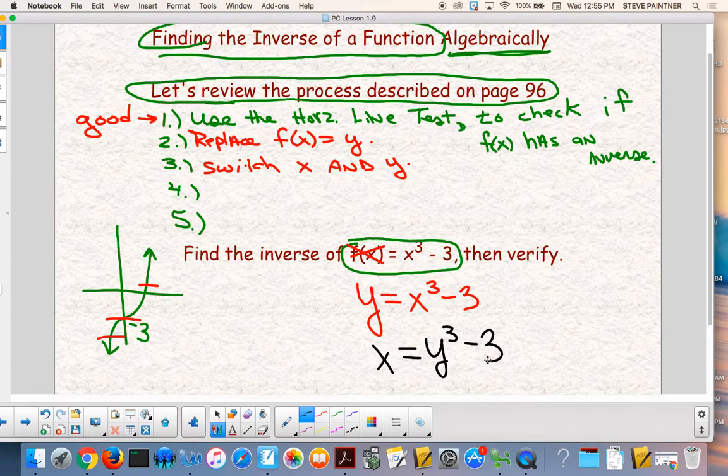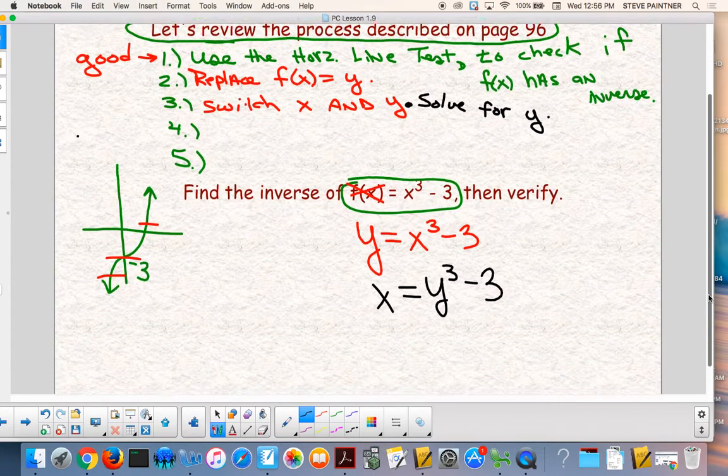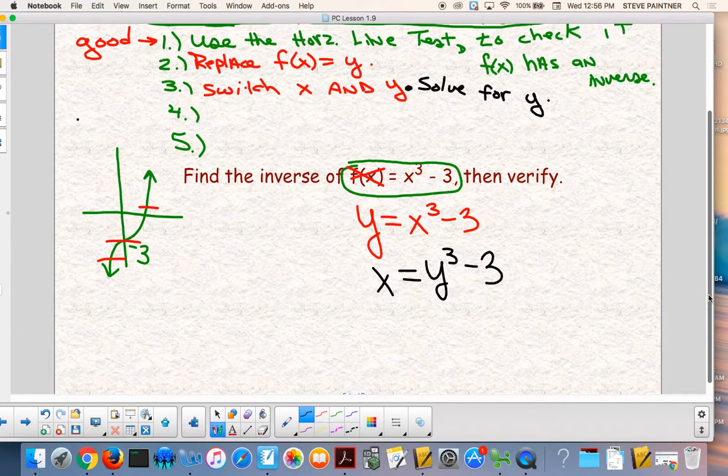Then I'm going to say solve for y. Everybody, switch your x and y. Now solve for y. Go. Cube root of x plus 3, right there. I know you're doing it in your head, but I want you to do it on the paper.